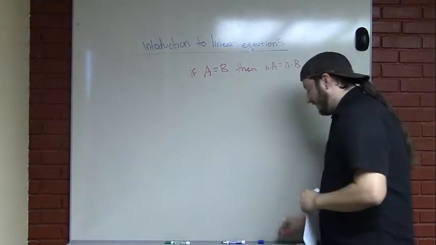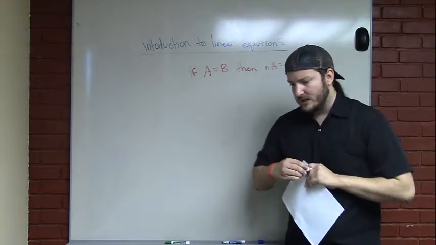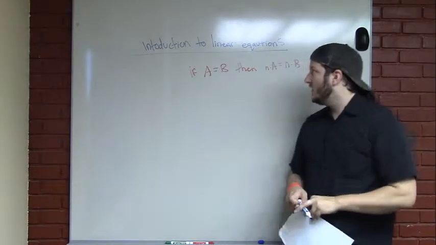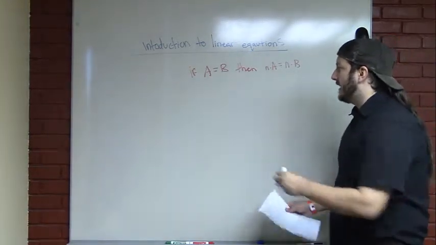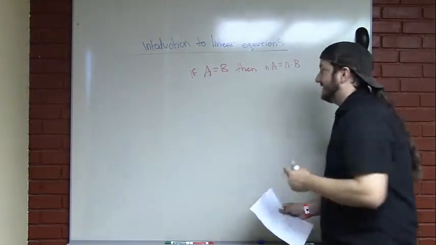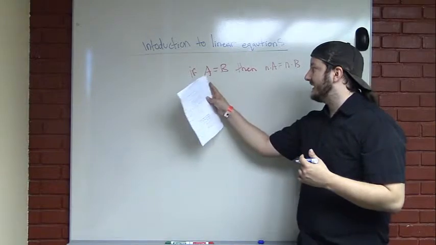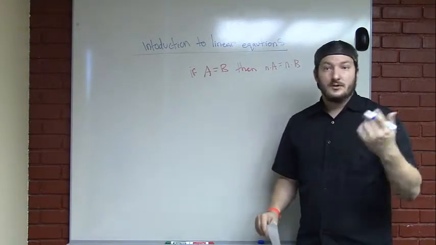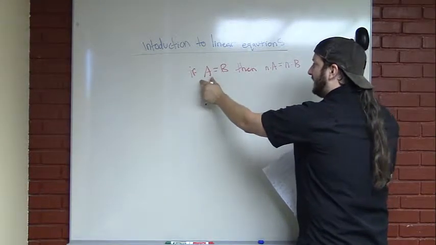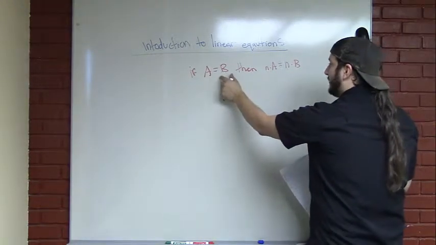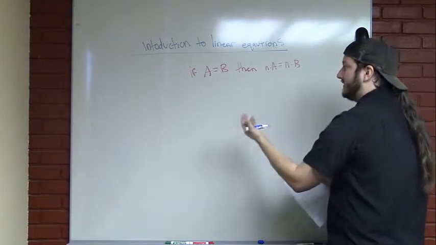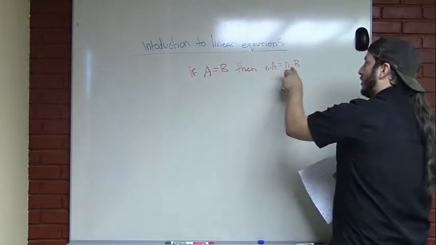So I know a lot of students can get mixed up when we have a lot of letters and stuff involved, but let me explain, okay? A and B are just, you know, they can be anything. They can be equations, they can be statements, they can be numbers, they can be really anything. All it's saying is if you have something on the left equaling something on the right, then you can multiply both sides by anything you want, as long as you do it on both sides.